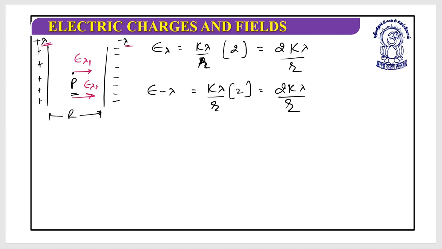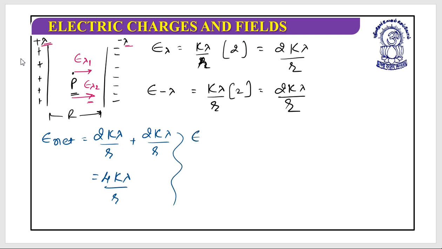Yes, you are correct. It's E lambda 2. As both vectors have the same direction, they must be added. So E net is equals to 2k lambda by r plus 2k lambda by r, and that would be 4k lambda by r.